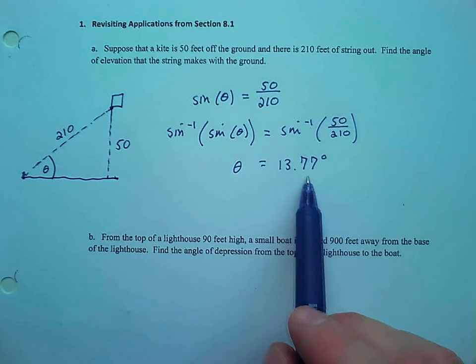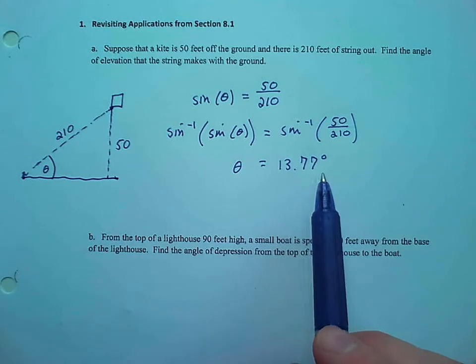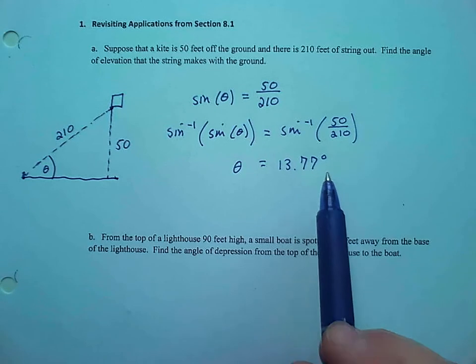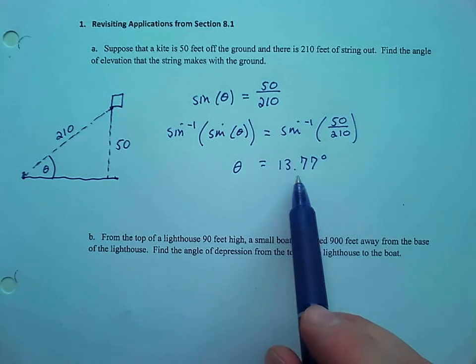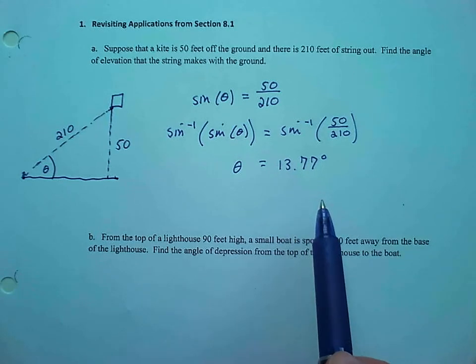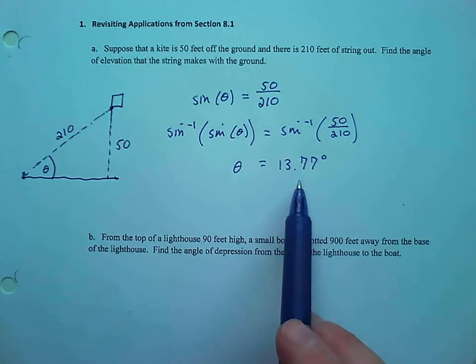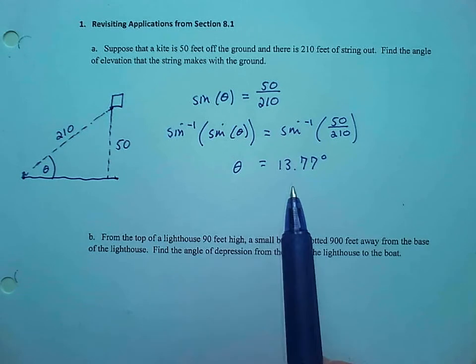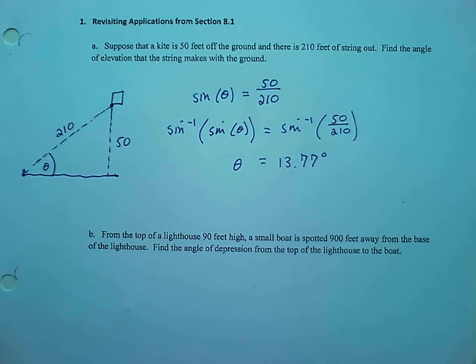You can plug this into your calculator. Make sure that you're back in degree mode, so you might have to go to mode, scroll down, and switch it to degrees instead of radians. Here, if you plug this in, we get 13.77 degrees, which is between negative 90 and 90 degrees. So we're good to go.